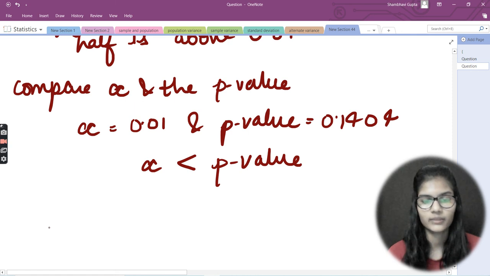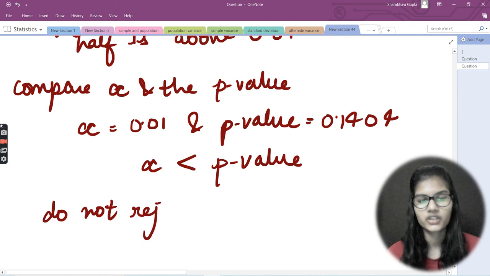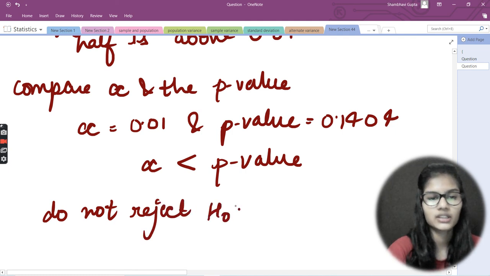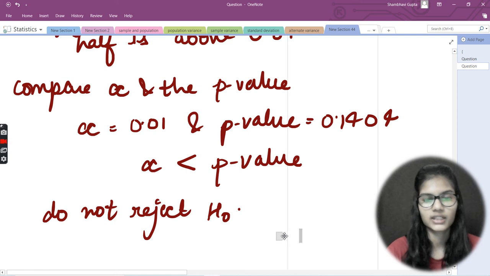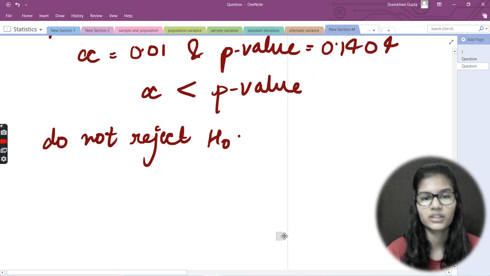Whenever it is the case that alpha is less than the p value, we can make a decision here: since alpha is less than the p value, do not reject H naught.